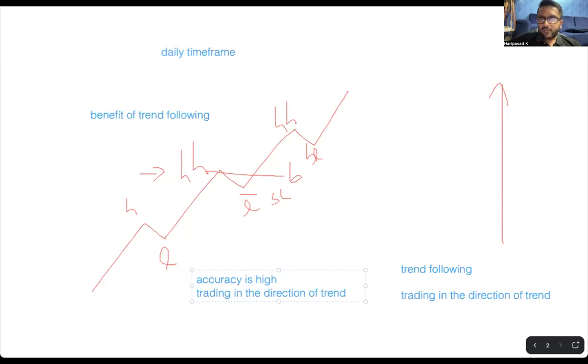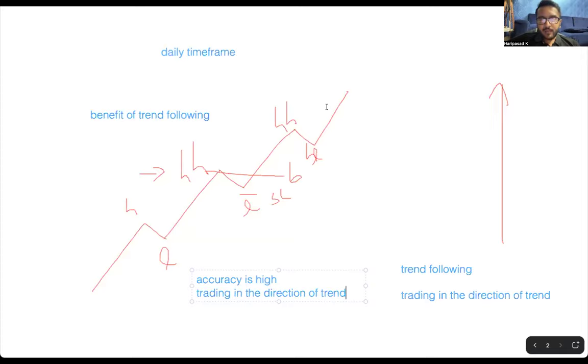In the case of trend following, higher high, higher low break levels get formed, and you go for a buy. Since you're trading in the direction of the trend, you tend to get a higher accuracy.